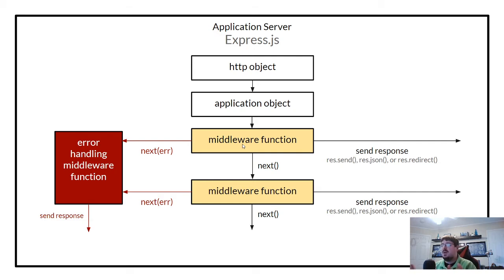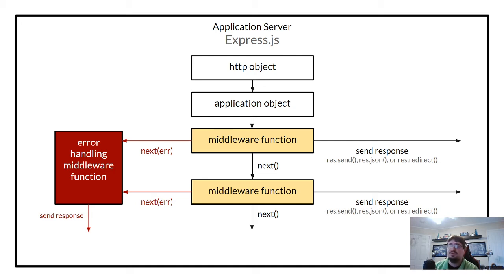That function then has the choice of going one of three directions. It can say, well, I know how to answer this, and immediately send the response. So it can call res.send, res.json, or res.redirect, saying here's the result of that response. Other things you might see in there are sendFile or other methods, or you might use write or end.